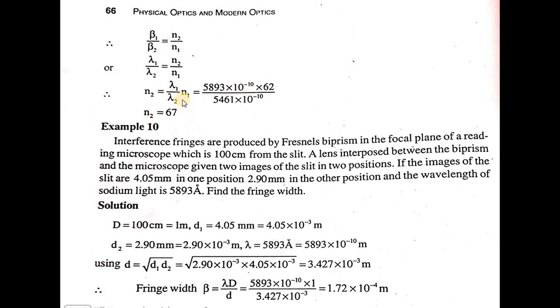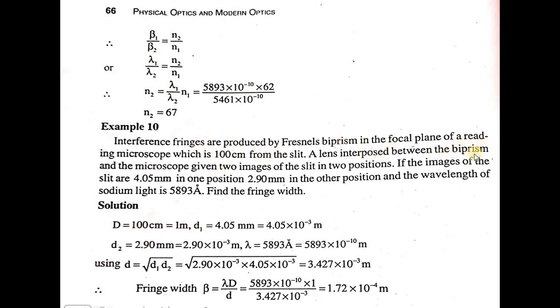Another question: here the interference fringes are produced by a Fresnel biprism in the focal plane of a microscope, which is at 100 centimeter, that is capital D, equal to 1 meter.